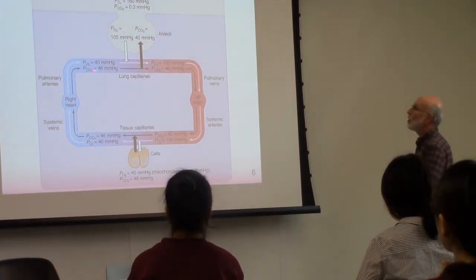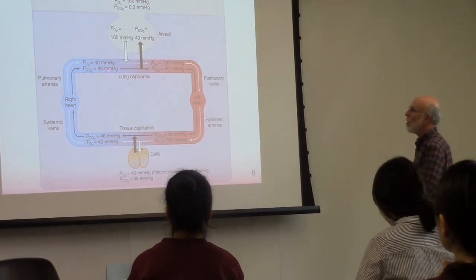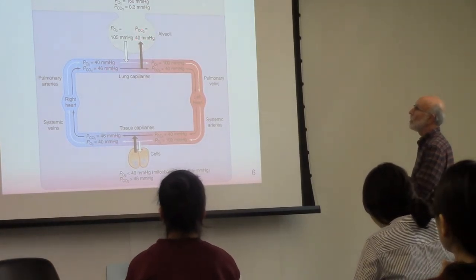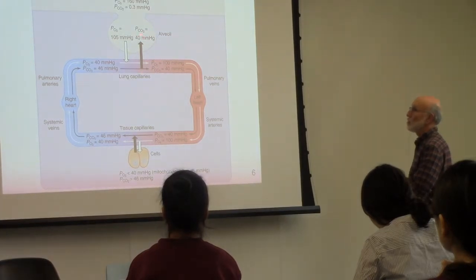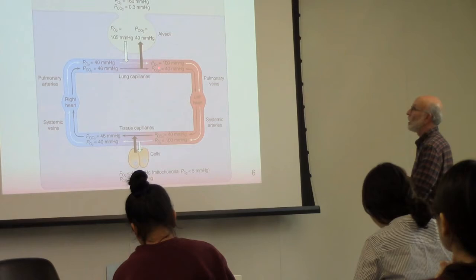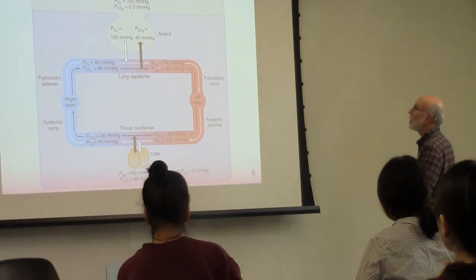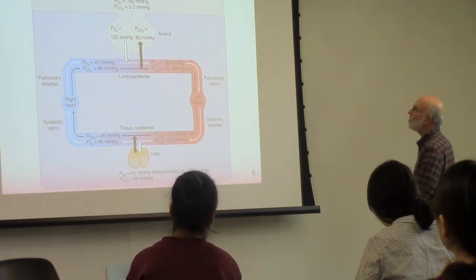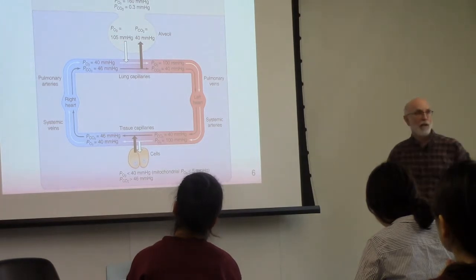This partial pressure of carbon dioxide is in contact with this partial pressure of carbon dioxide, and diffusion happens. And so the arterial blood, you can see that arterial blood has equilibrated completely as far as CO2 is concerned, and has not quite equilibrated completely as far as oxygen is concerned.